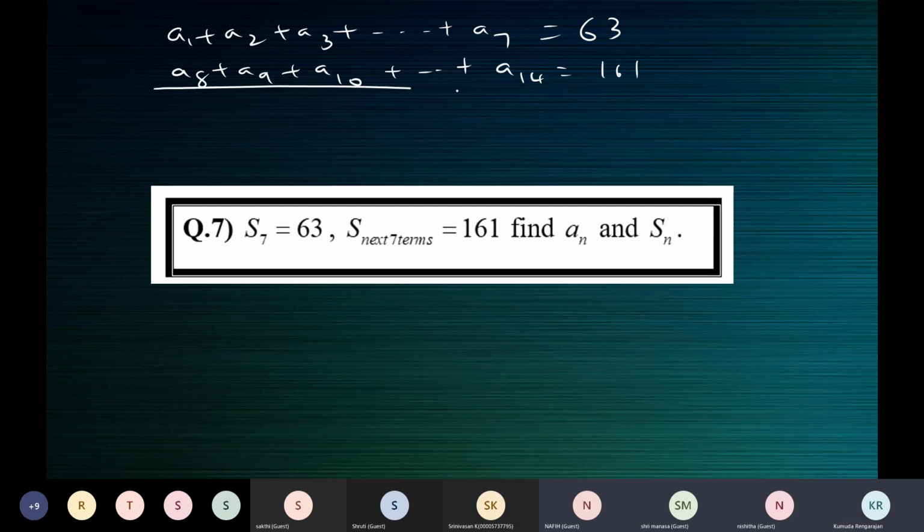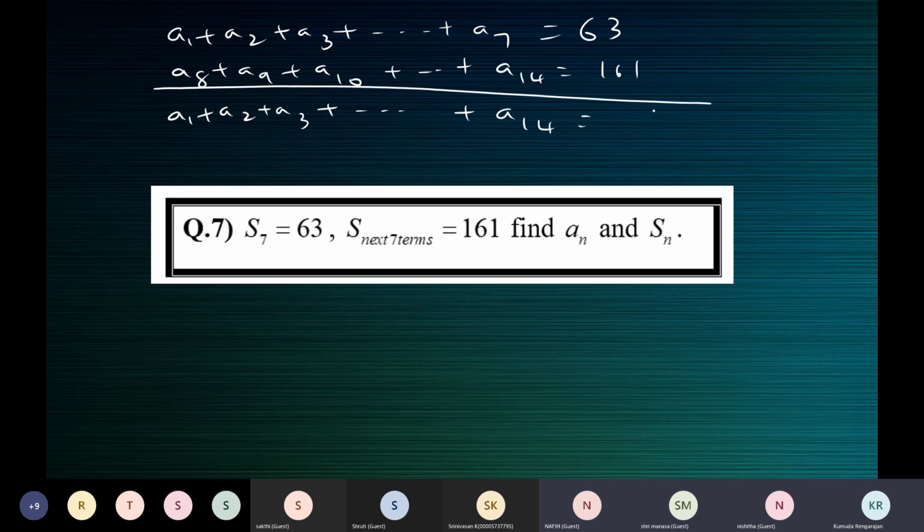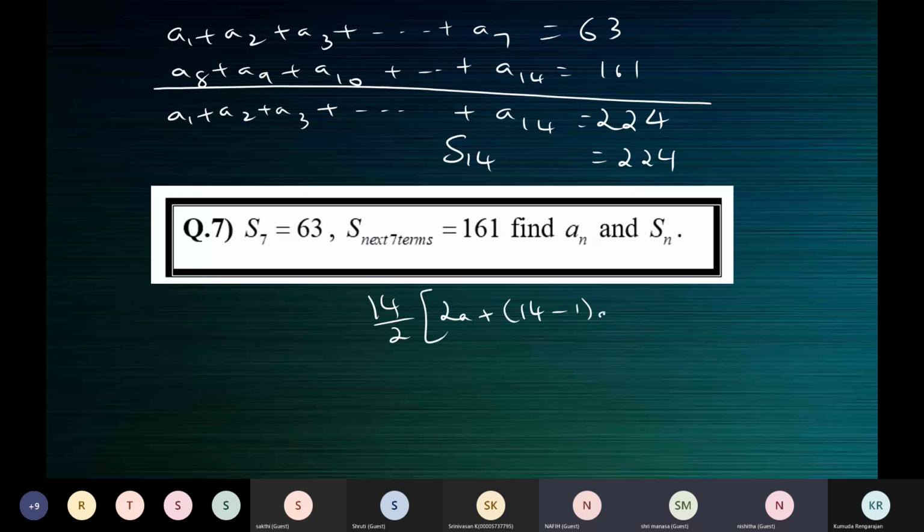When you add both, you will get A1 plus A2 plus A3 till A14, which is 224. That is S14, the sum of the first 14 terms, is 224. So how do we create an equation using this? S14 is 14 by 2 of 2A plus 14 minus 1 into D is equal to 224.